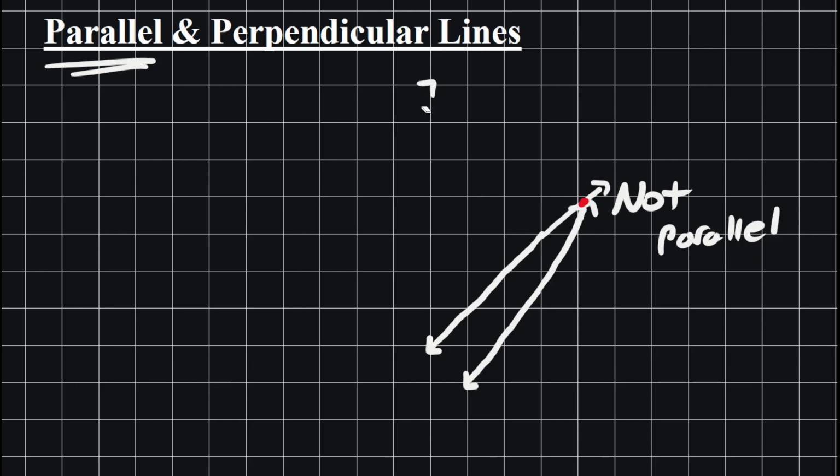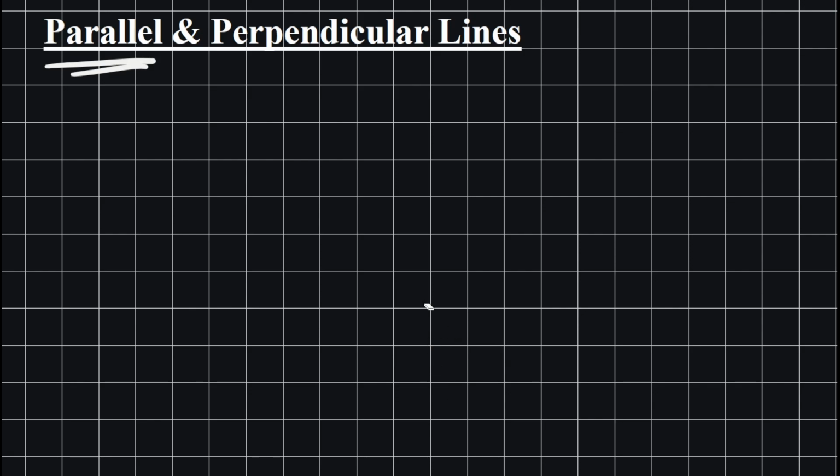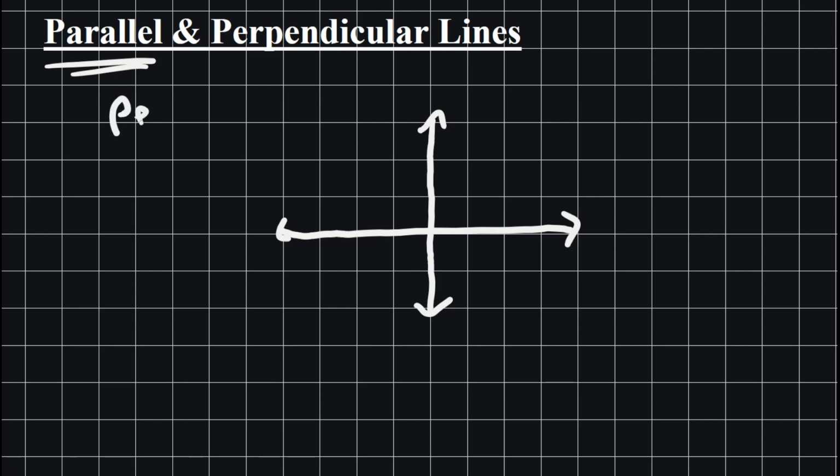So what does it mean for two lines to be perpendicular? Let's give an example. Let's say we had a line that went like this, and another line that went straight left to right. It was flat. So these two lines are perpendicular.